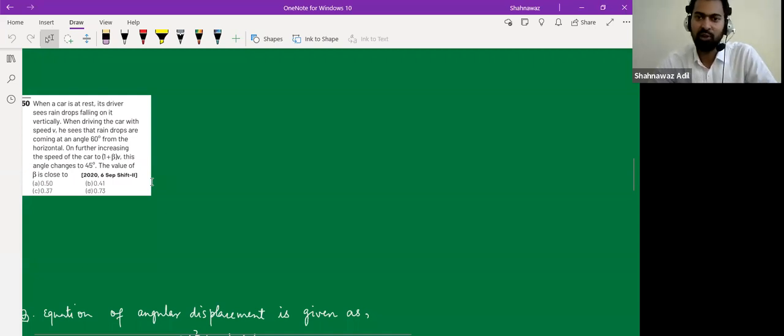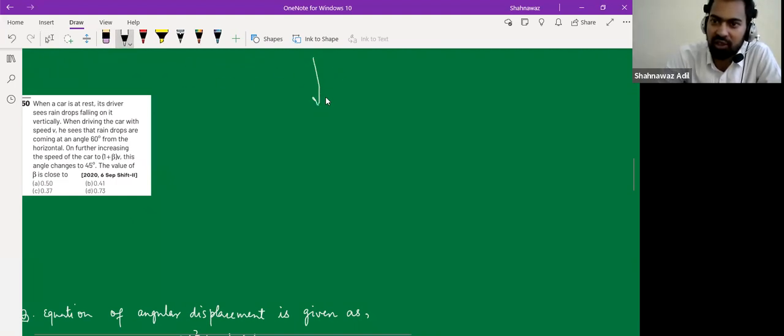Okay. So the relative velocity of the rain is like this for some time. But when the car starts speeding, and it goes with the speed v, we see that the raindrops are coming at an angle of 60 degrees. So when the car moves, this is v velocity, right? So the rain appears to be falling like this, right?